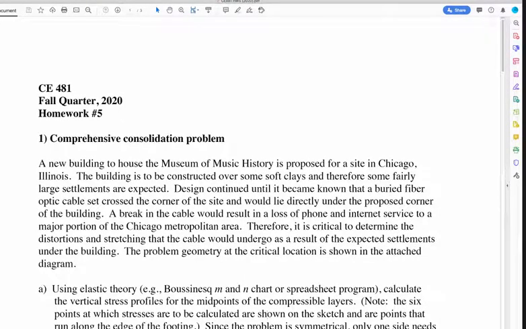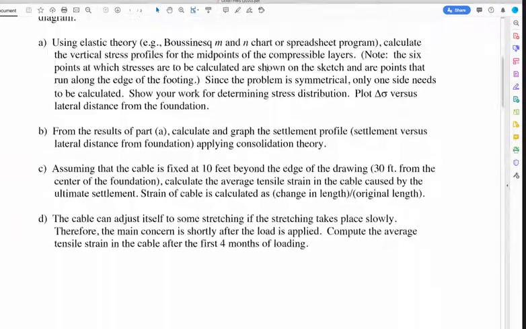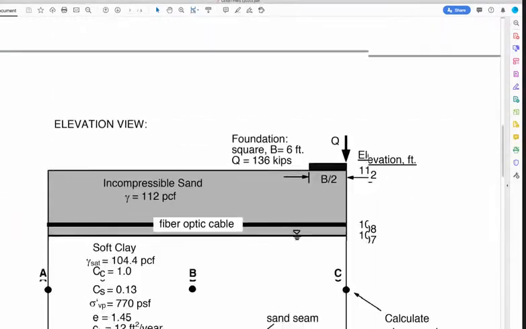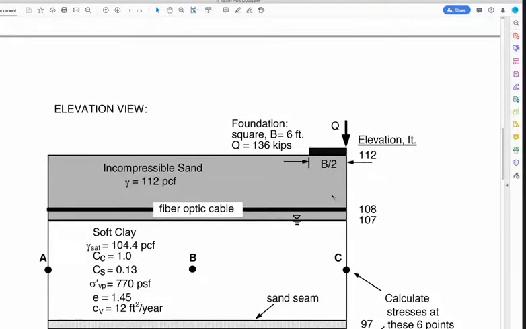This is a situation in which they're building a museum in Chicago, Illinois, and want to establish the potential stretching of a fiber optic cable that is running just next to a foundation. It's at a depth 4 feet below the foundation. You'll see elevations provided over here.